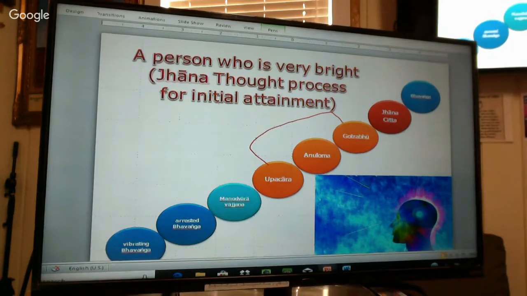Anyway, in the mind, first the sense-sphere consciousness works, after that the Jhana consciousness. But for the first time, Jhana consciousness occurs only once, not many times. Once, and after that the Bhavanga, like continuing consciousness, continues for the first attainment. But after that, if you want, you make a determination: I want to be in jhana state for 1 hour, 2 hours, 3 hours, according to your wish, or determination.